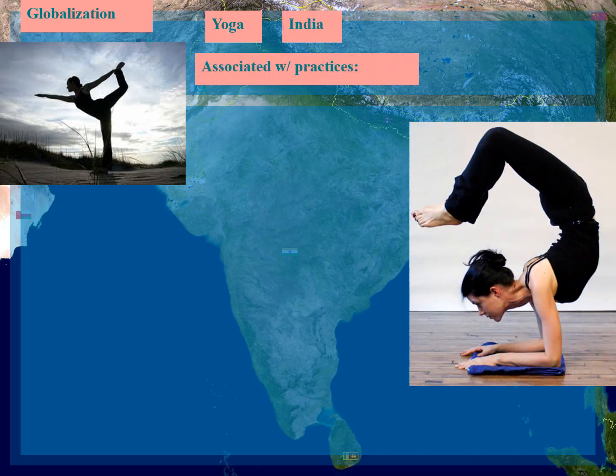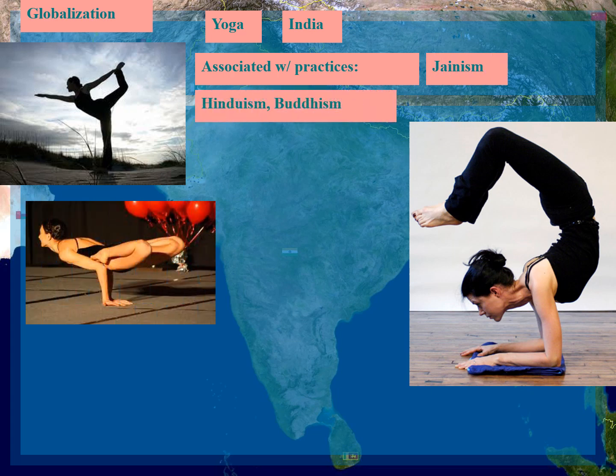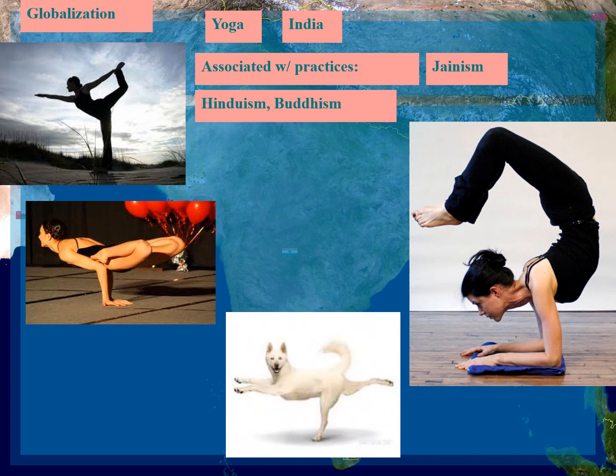This is something that was associated with Jainism, and also Hinduism and Buddhism, right? And we practice it all the time here. It's very popular. Now it is a spiritual practice in this region of the world. Often here it's not a spiritual practice. It's a way to be healthy. Maybe there's some spirituality associated with it, but very different than the way it's practiced in India.